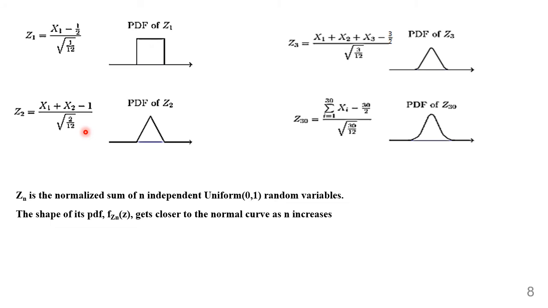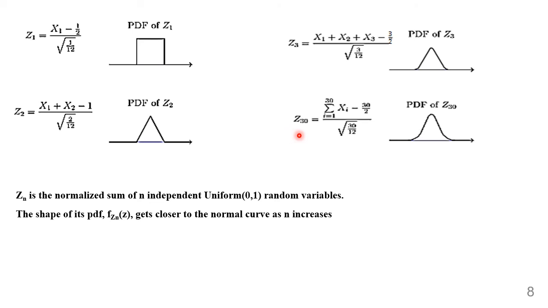And the PDF for Z2 is almost a triangular wave as shown in the figure. When n value is equal to 3, Z3 is equal to (x1 plus x2 plus x3 minus 3 by 2) divided by root of 3 by 12. And the PDF for Z3 is shown here.